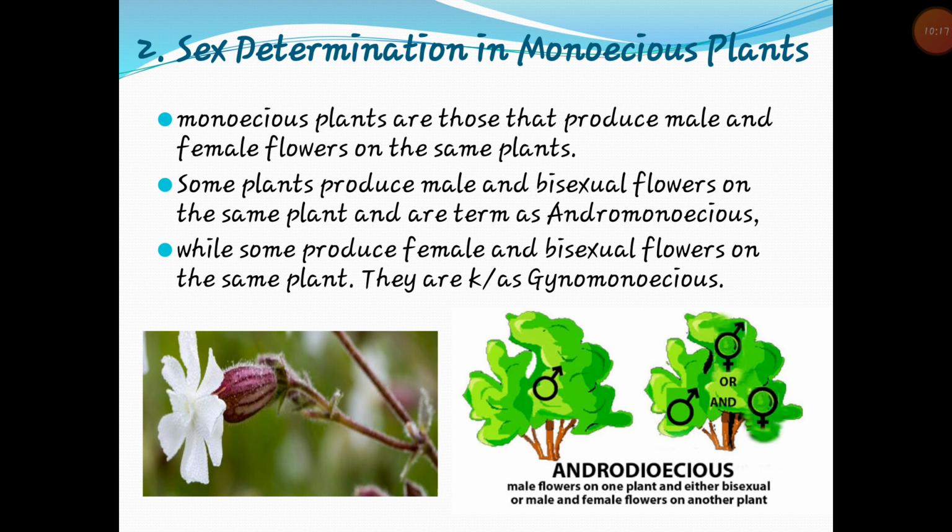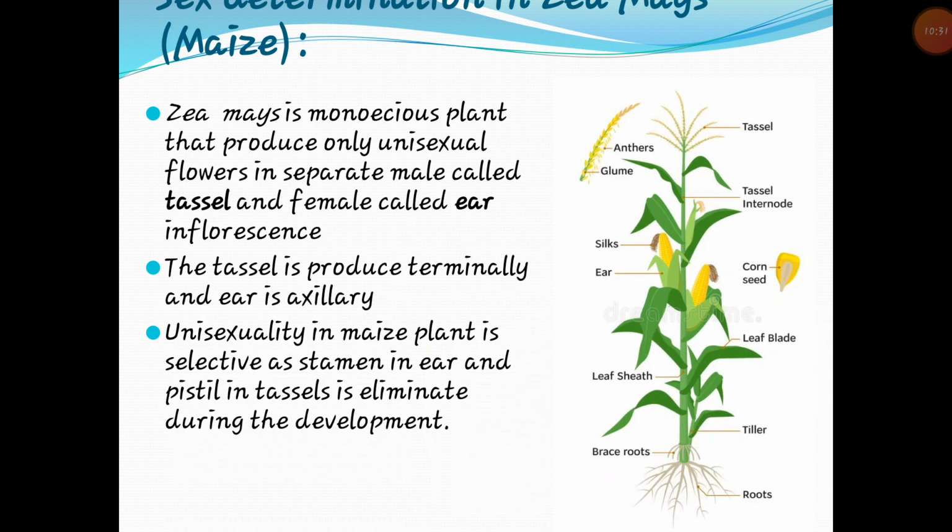Some plants produce male and bisexual flowers on the same plant and are termed andromonoecious, while some produce female and bisexual flowers on the same plant and are termed gynomonoecious. Another type of monoecious plant produces male, female and bisexual flowers on the same plant. These are called trimonoecious.